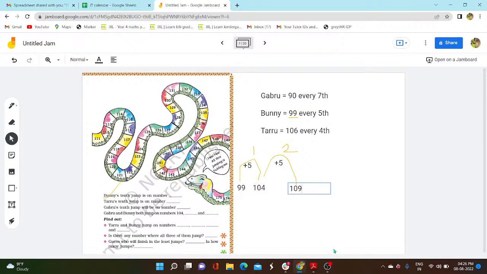Now from 109 he will add another 5 and reach 114. From 114 he will add another 5 and reach 119, add another 5, 124, add another 5, 129.